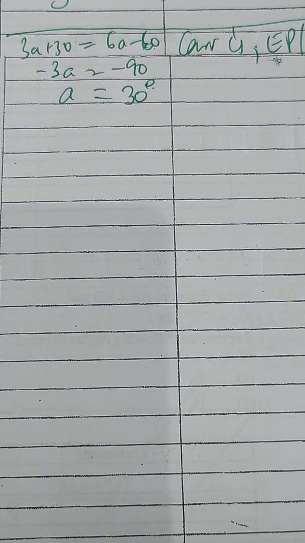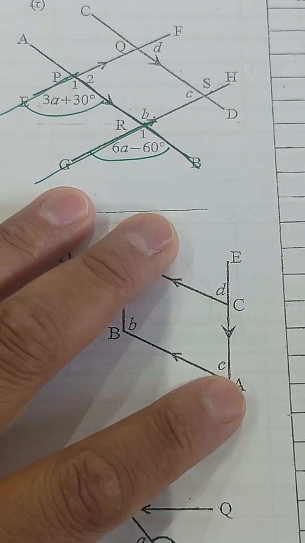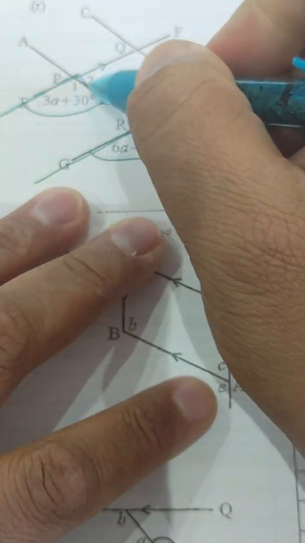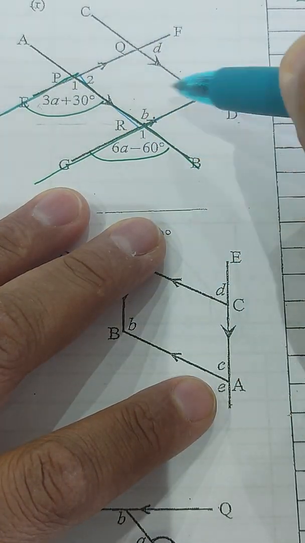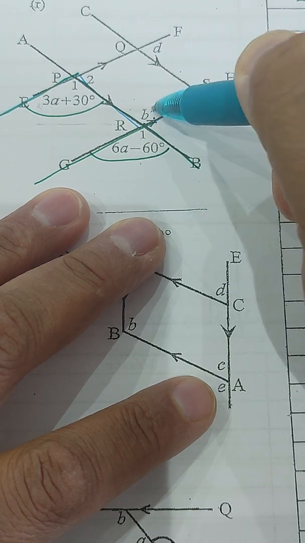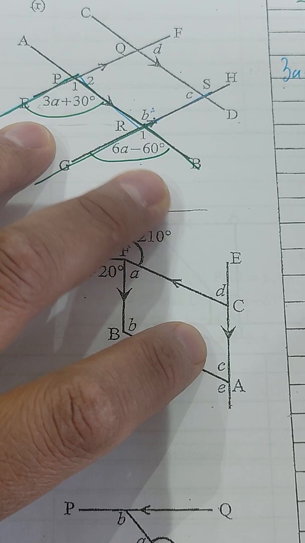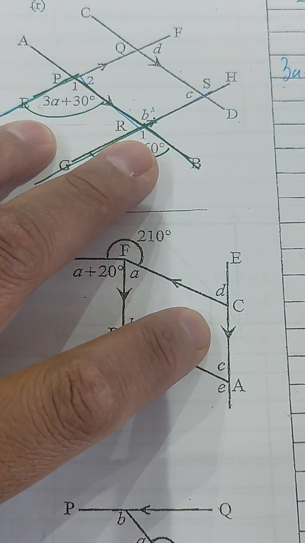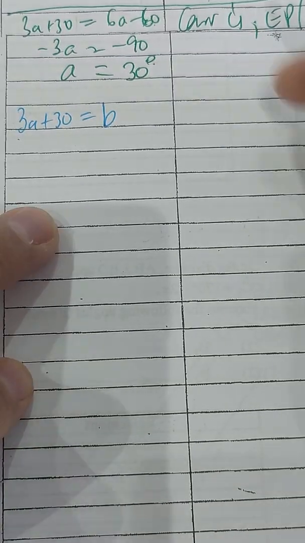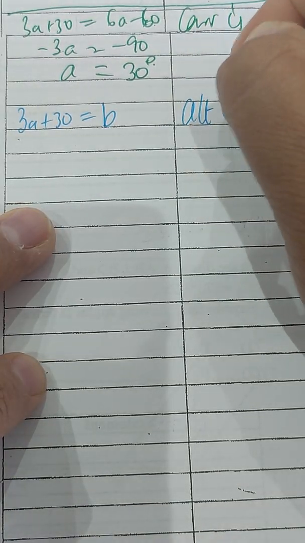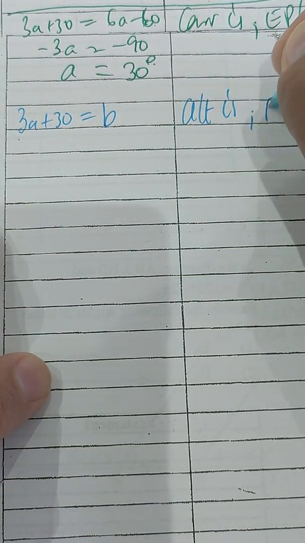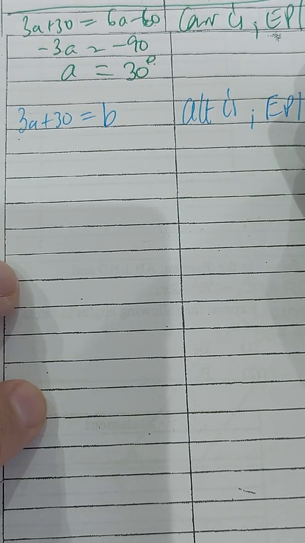Okay. Let's go with B now. See, here's alternate angles there. Or we could have said vertically opposite. Okay. So we're going to say 3a plus 30 is equal to angle B. Alternate angles with EP being parallel to RH.